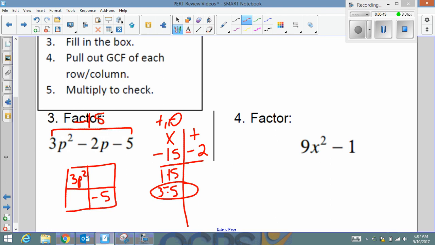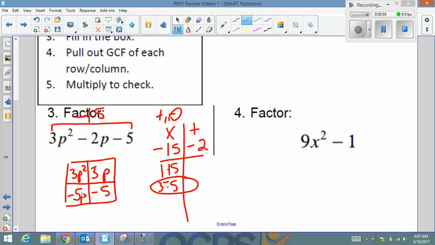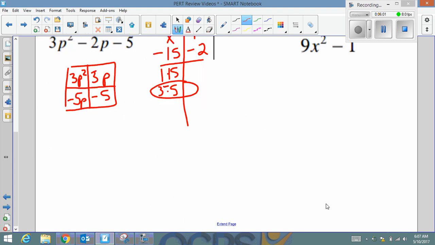Filling in my chart, my table, and then pulling out what's common. So with my 3p, my first row, 3p squared and 3p, that has a 3p in common. My first column just has p. My second row has negative 5. 3p and 5 don't have anything in common, so that's a 1. 1 is always common.